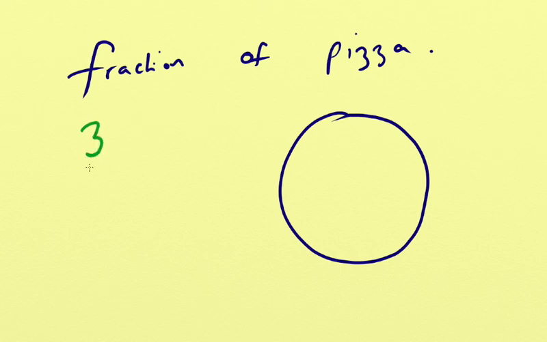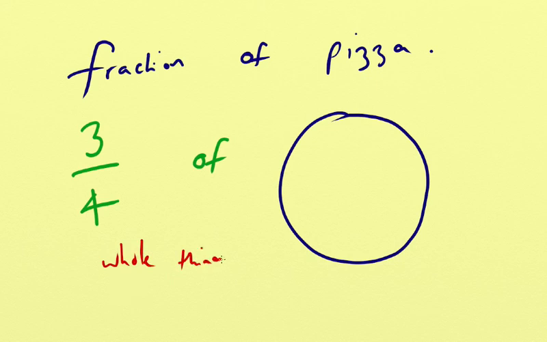Let's say we've got 3/4 of this pizza. 3/4 of the pizza. So this is a bit of a better example. We've got 3/4 of the pizza, much better. So if we remember what this bottom number was, that's how many pieces make up the whole thing, so 4 pieces make up the whole thing, and this is how many we have.